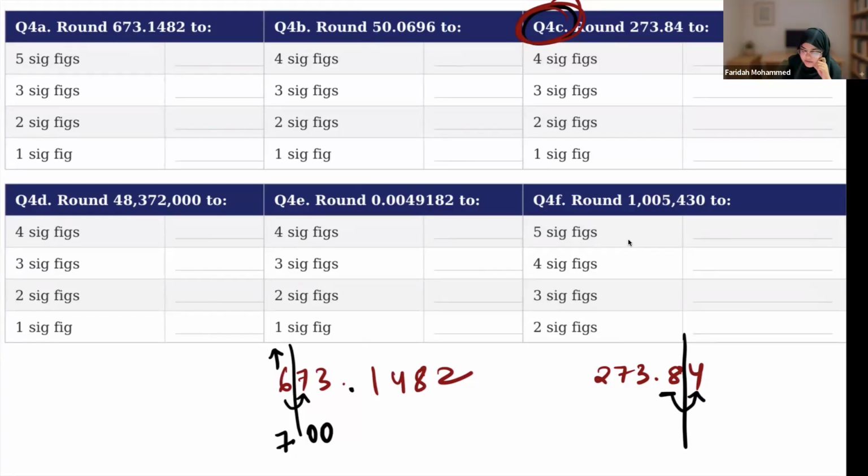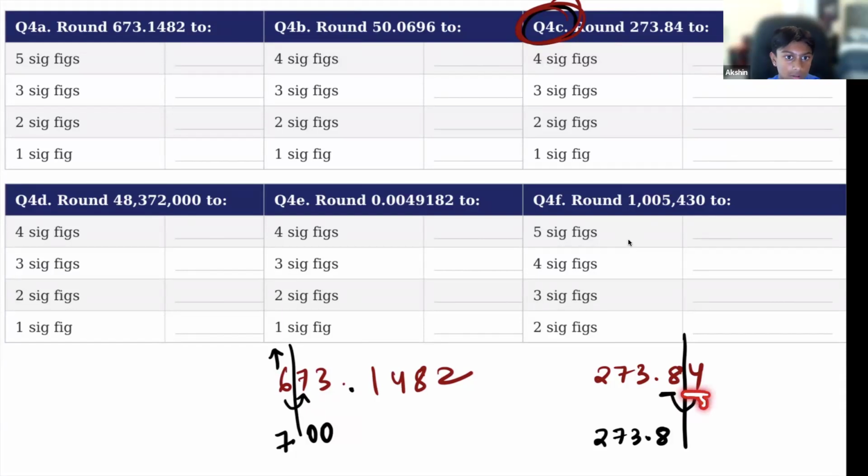Now we're going to write down the number 273.8. Now the question is, does 4 become 0 or do we ignore it? No, because it comes after the decimal, we don't care about it. We are not going to write it down.